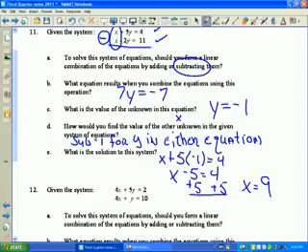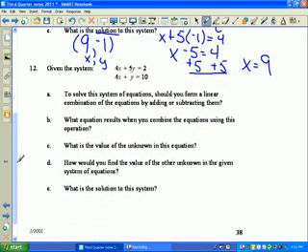For part E, it states, what is the solution to the system? Anytime you see or hear the word solution, you should be giving me an ordered pair. So that ordered pair is 9, comma, negative 1. Remember, it's your x, comma, then your y value. That solution is, if I graph it, the point of intersection.